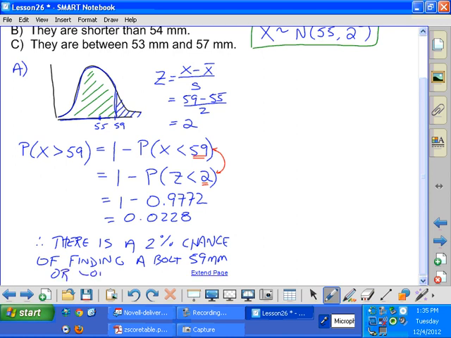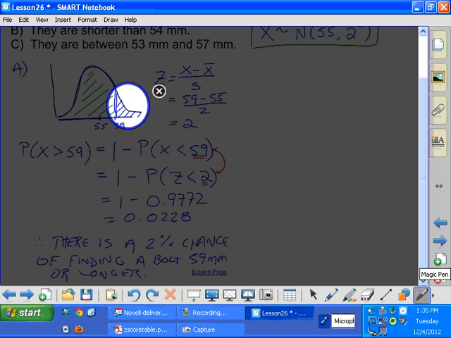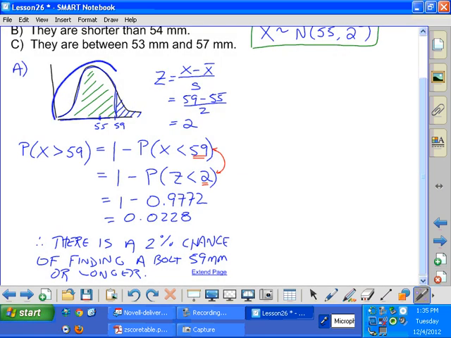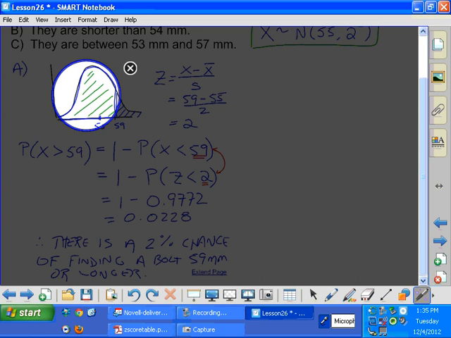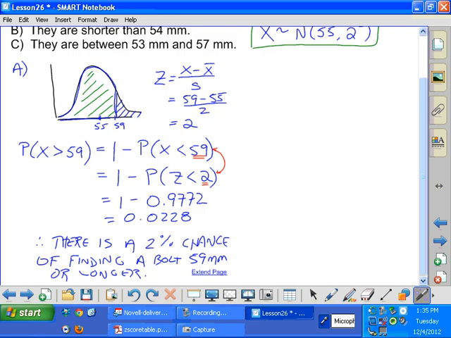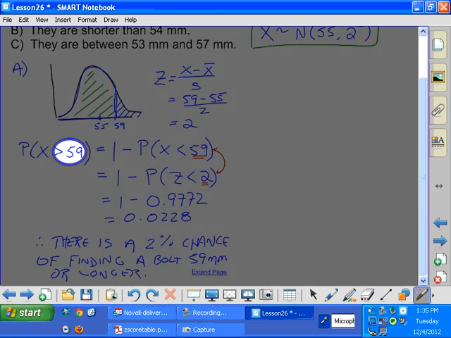All right, that's how you would calculate it using that indirect approach. This is the area we wanted, the 2%, or 0.0228, and we did it by taking the other area and subtracting it from 1. That occurs when you're looking for something greater than.